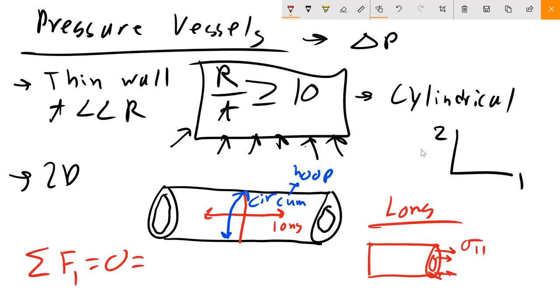So once we make that cut to balance those forces, that is going to be sigma 1,1 times a force. We know that stress is in units of force per meter squared, force per area, so Newton per meter squared. We want the sum of the forces to equal 0, so we need to multiply this by an area, a meter squared.